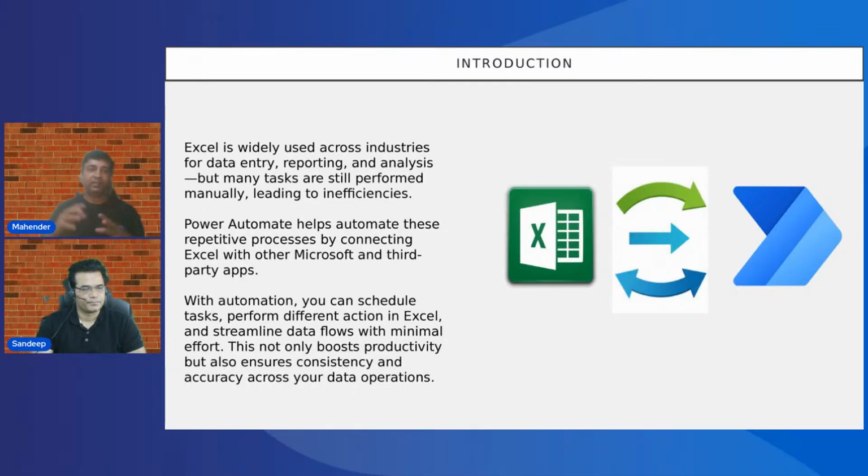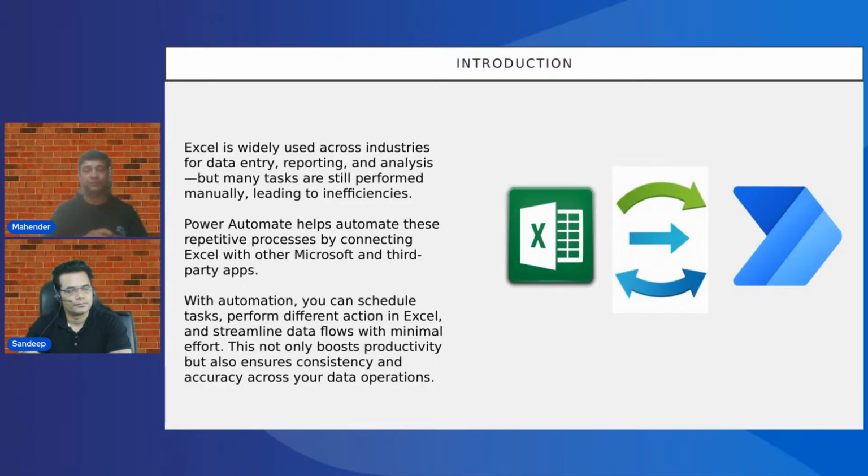When at the end of the day you want to generate a report from that Excel, the numbers can be wrong, and it won't give you the actual output or actual performance of how your sales are going, what the actual numbers are. So there are chances that the data will be wrong and there will be inefficiency in the day-to-day operations as well.